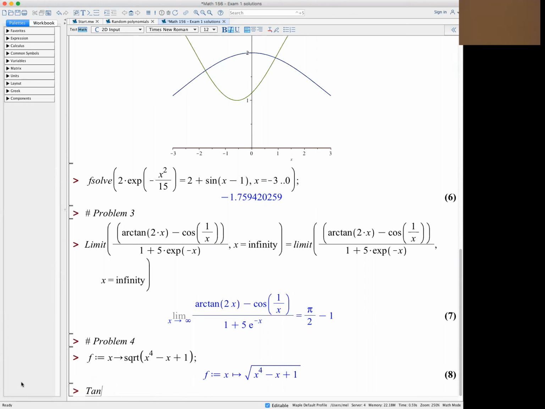Let me just call the tangent line. And that's going to be the derivative of f at the point 1 times x minus 1 plus the value of the function at 1.